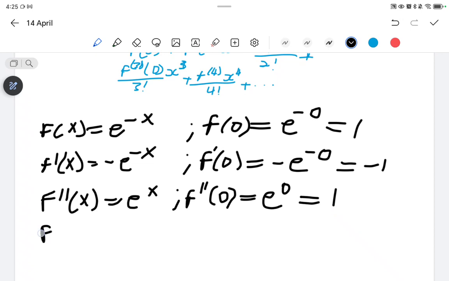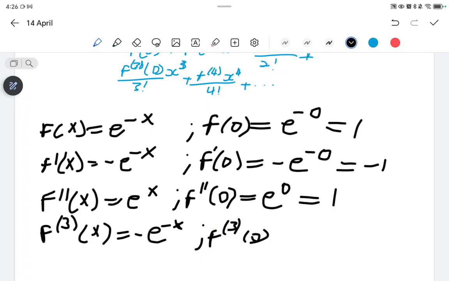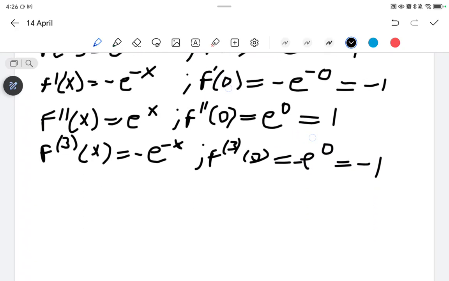Now the third one, minus e to the minus x, at 0 equals minus e to the 0, minus 1.